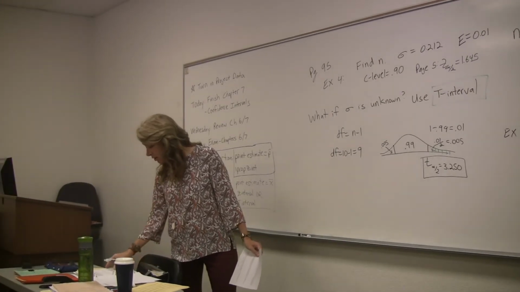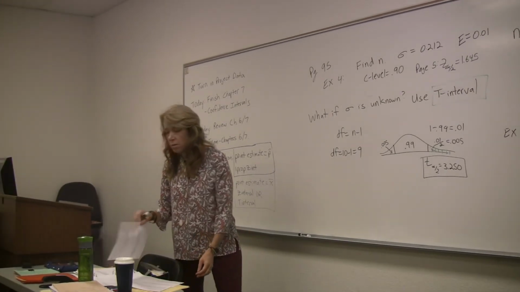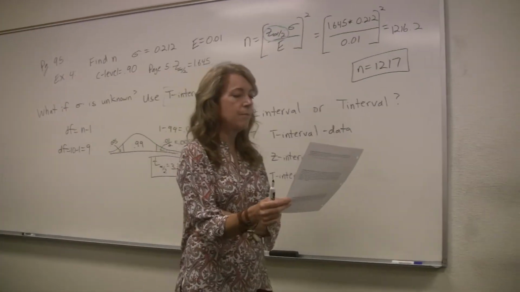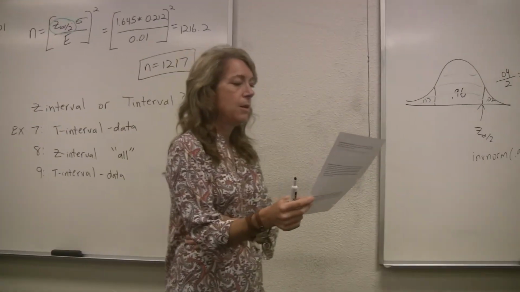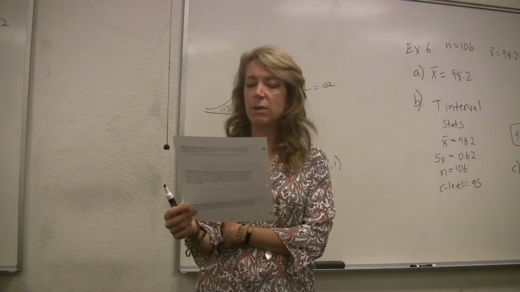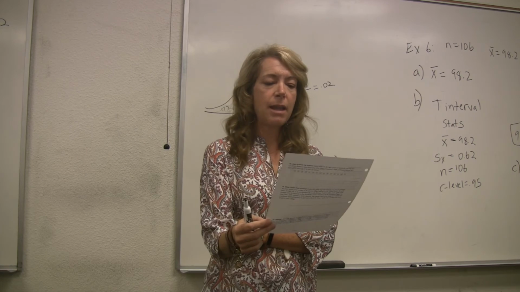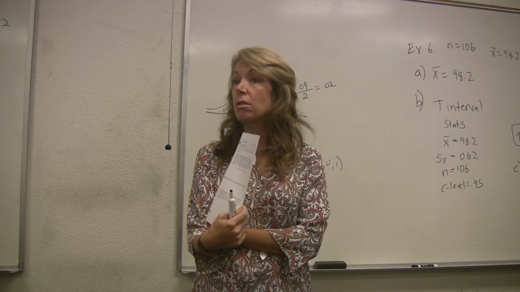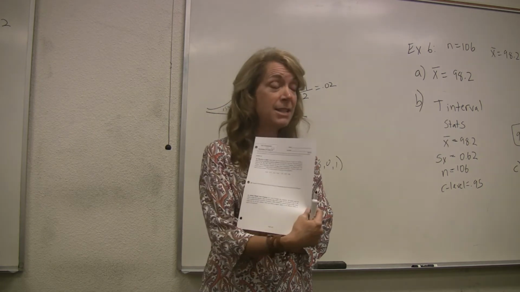On page 100. I'll have you look at the first one on your lab, page 100. They're testing mercury in sushi on number 10, page 100. And they give you a sample mean and standard deviation. So I have a standard deviation.